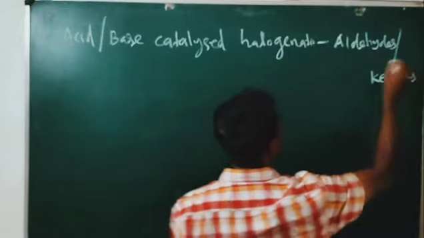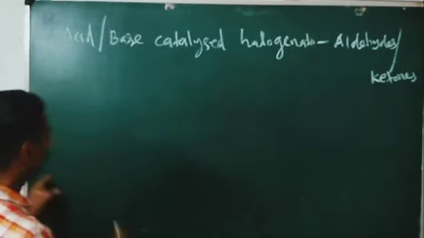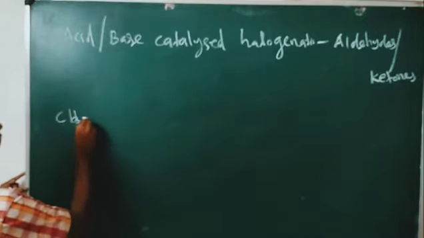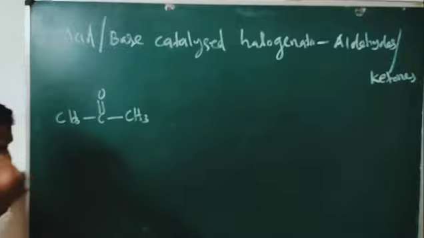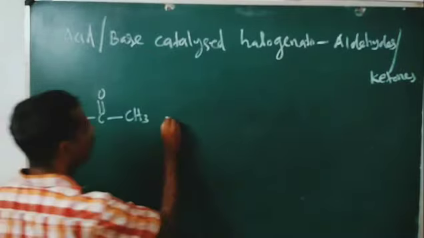This is an example for the SE1 reaction. Look at it here: CH3, C double bond O, CH3. This is our acetone. We are taking a ketone. So, a base catalyzed reaction.